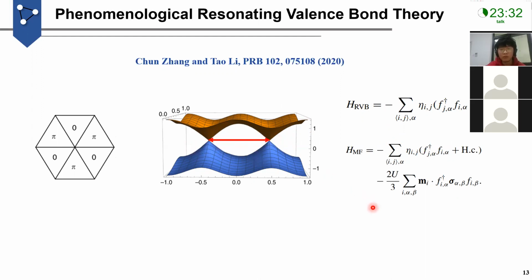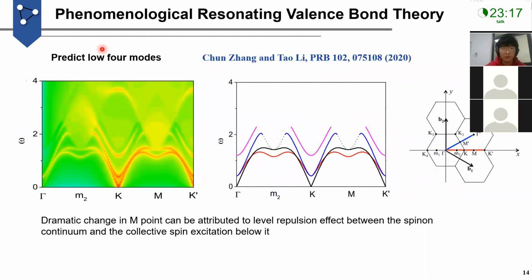And to reproduce the magnetic orders in the ground state, they add phenomenological parameters to produce this effect, with properly chosen parameters.